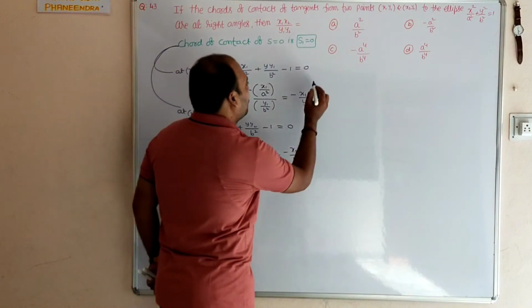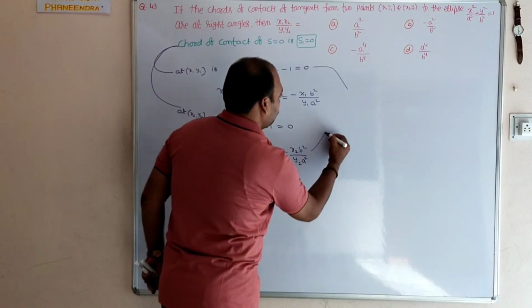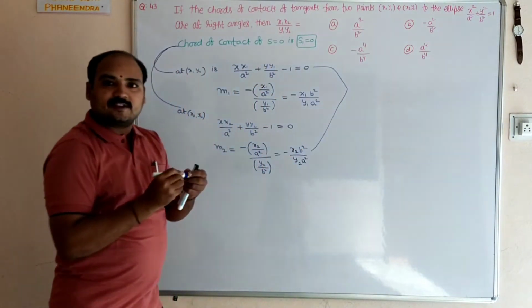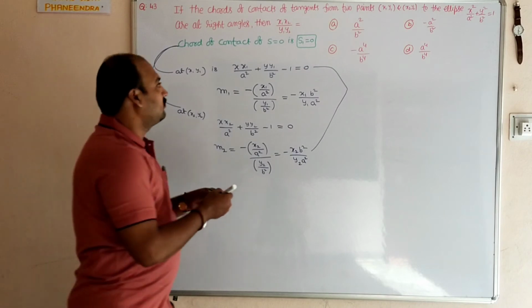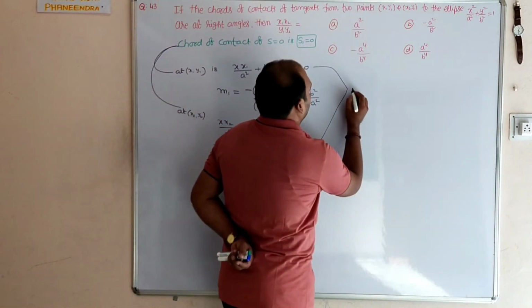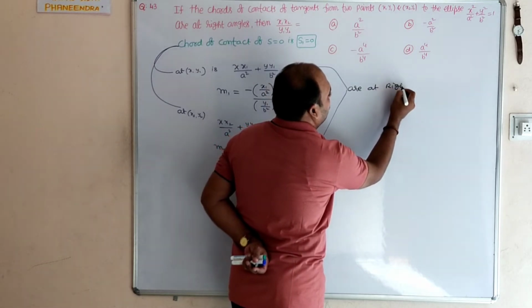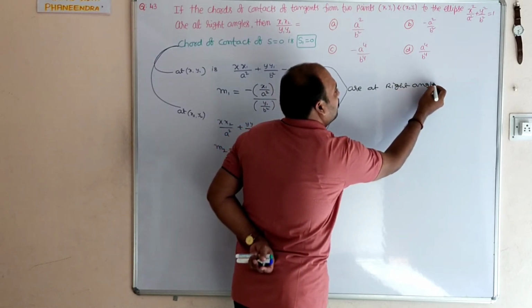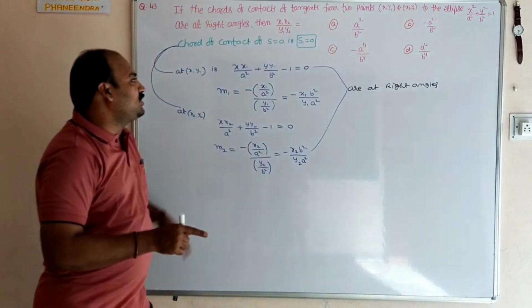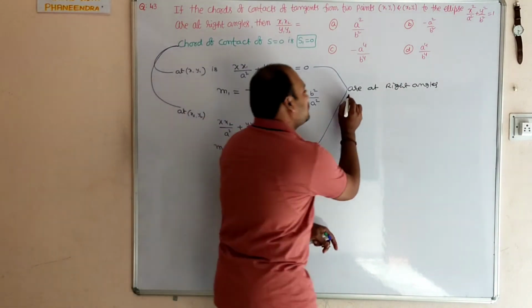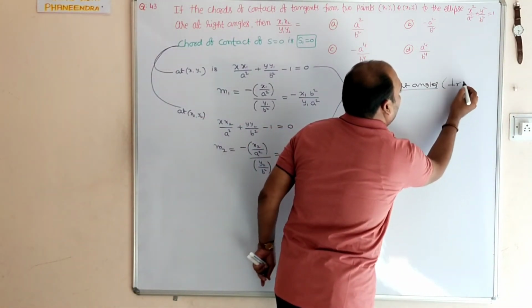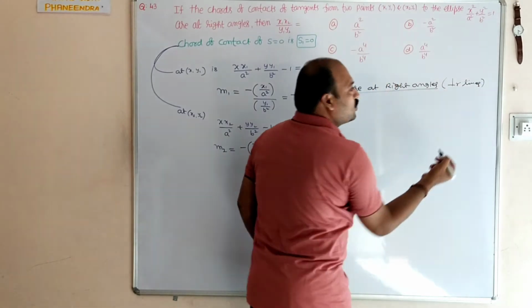These two chords of contact are at right angles. The chords of contact are lines, so these two lines are perpendicular.